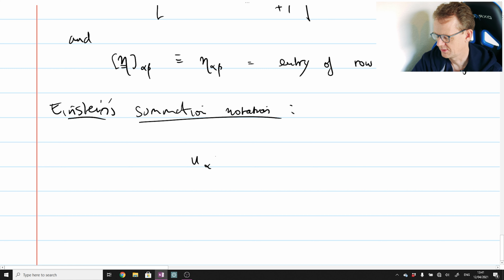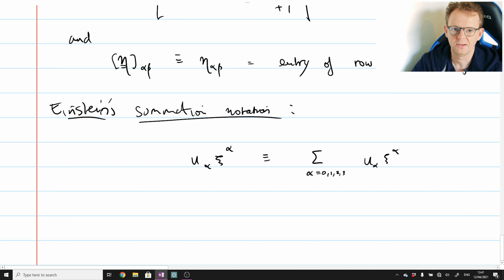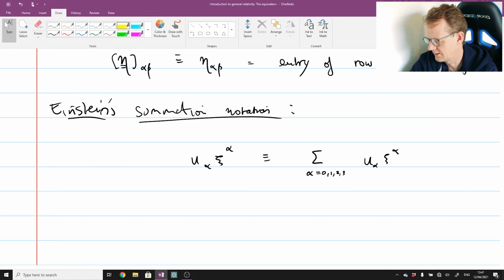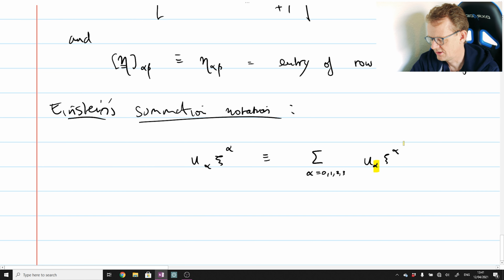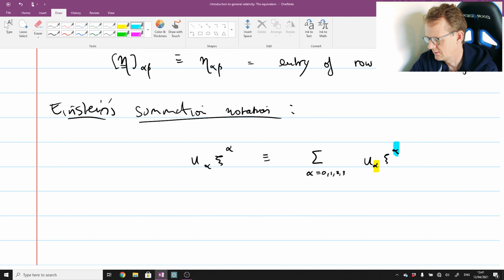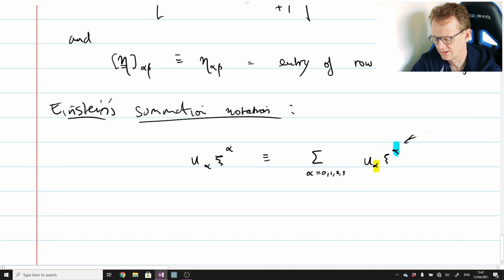If we've got an expression that looks like this, this means sum alpha 0, 1, 2, 3. So wherever we have a repeated index, one downstairs and one upstairs, then we're meant to sum over it. The distinction between downstairs and upstairs we won't make today. Today, if you just see this notation, this is what it means.